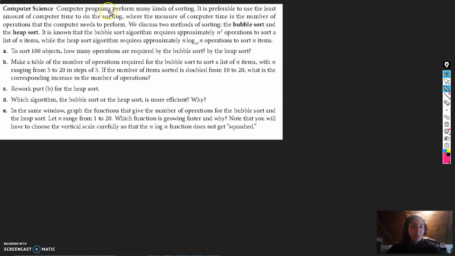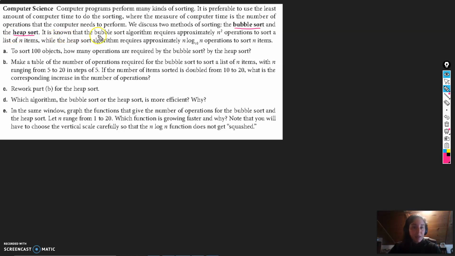So this says computer programs perform many kinds of sorting. It is preferable to use the least amount of computer time to do the sorting, where the measure of computing time is the number of operations that the computer needs to perform. We discussed two methods of sorting, this thing called bubble sort and this thing called heap sort.